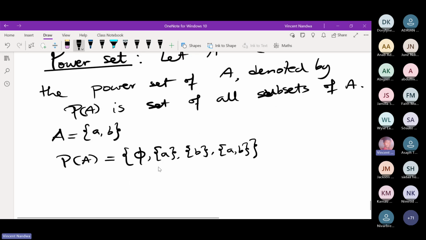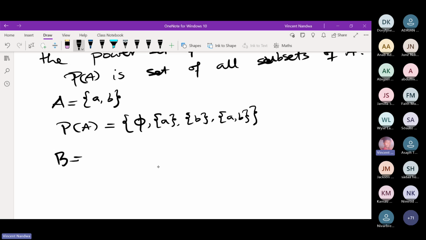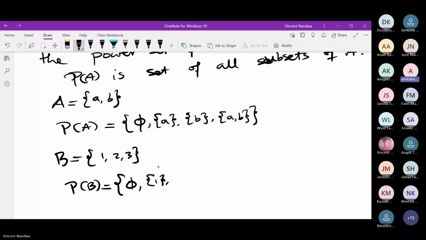Correct. And if I have a set B with elements 1, 2, 3, let's form the power set of B. The first element in this power set will be the empty set, which has 0 elements, and then the other subsets: a set formed by 1 alone, by 2, by 3.